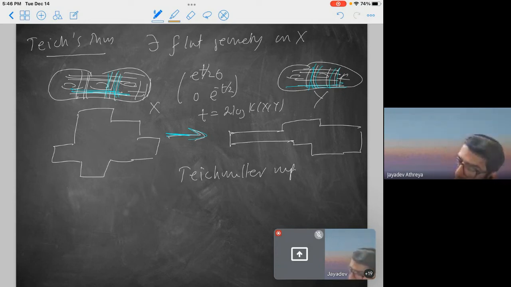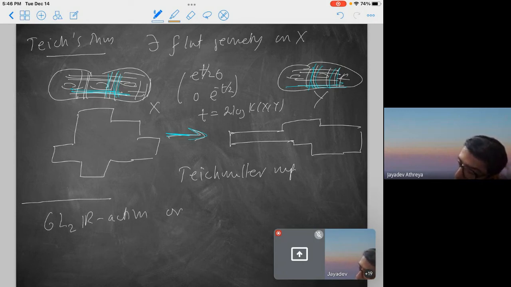This will give you the most efficient way of changing one surface into the other. And this comes more generally from a GL2R action on the space of these flat structures.